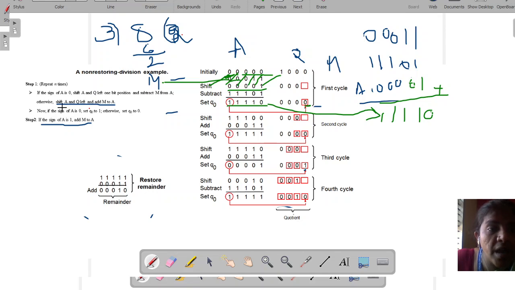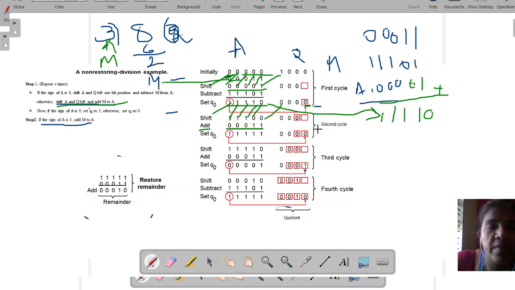Otherwise, shift A and Q left and add M. After shifting, this one is discarded and this one comes here, this one comes here, this one comes here, and this 0 comes here. And add M, which I had already told you is your M, written here also: 0 0 0 1 1.